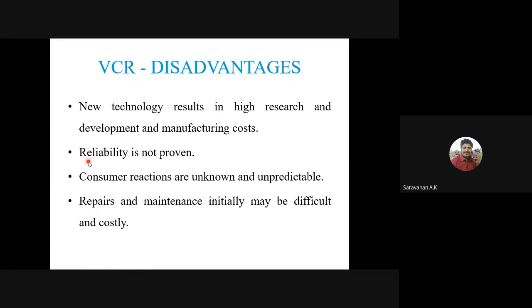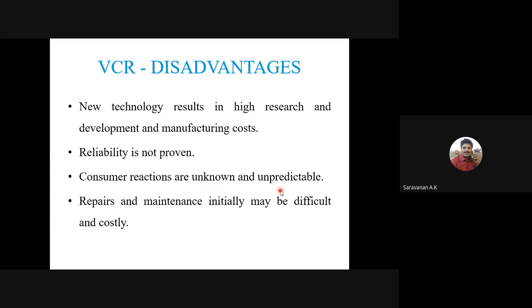Anyway, it is a new technology, so the research is still going on, and they will prove the life of the engine. At the present condition, the reliability of the components is not proven. Then the consumer reaction is unknown and unpredictable, because VCR engines are limited and not used in all types of vehicles.